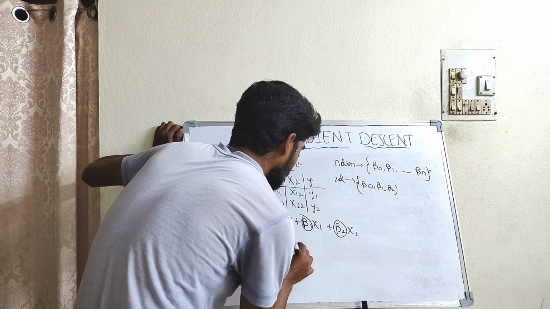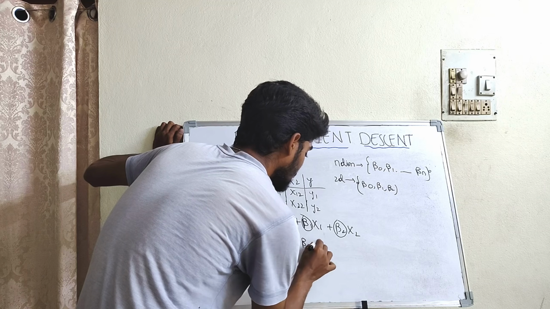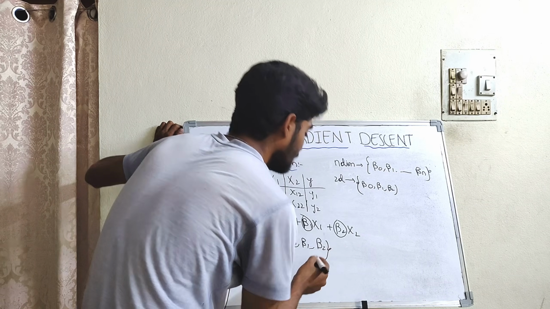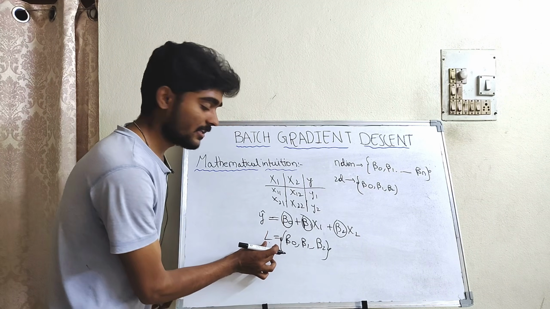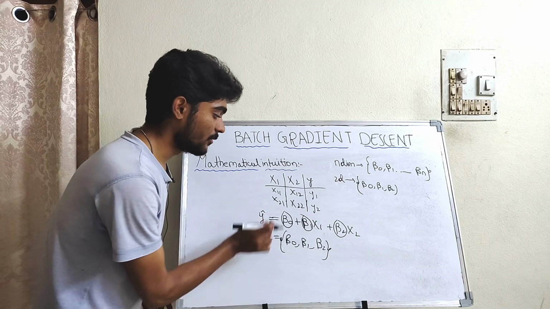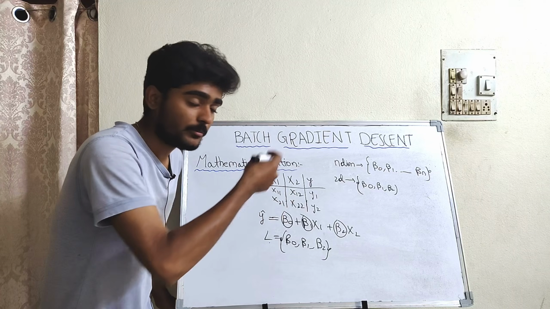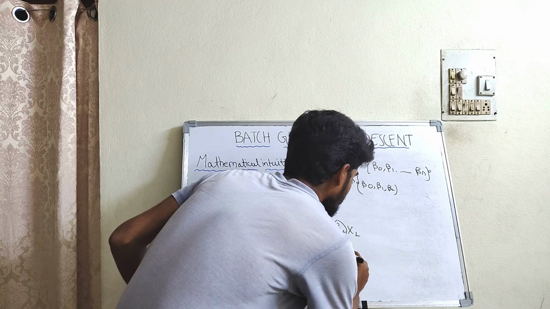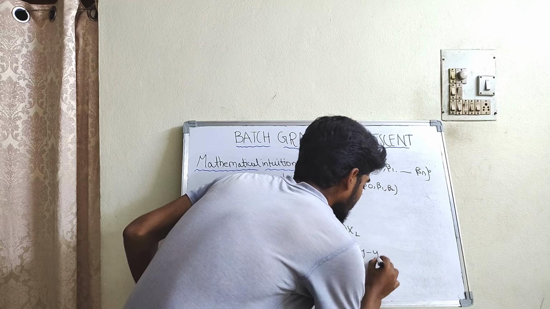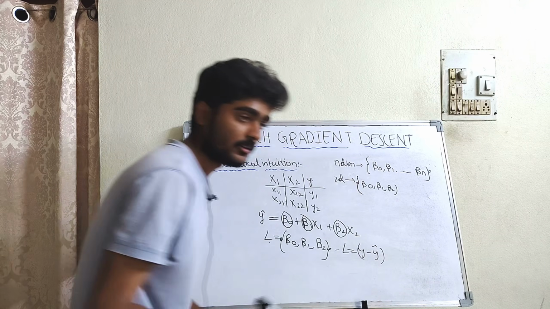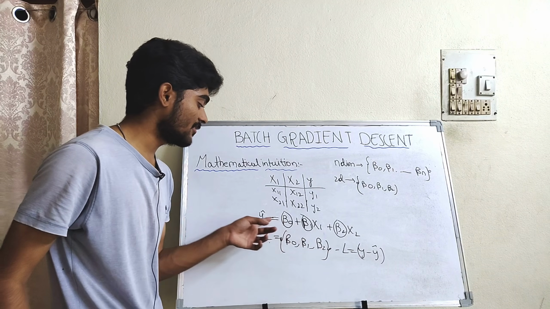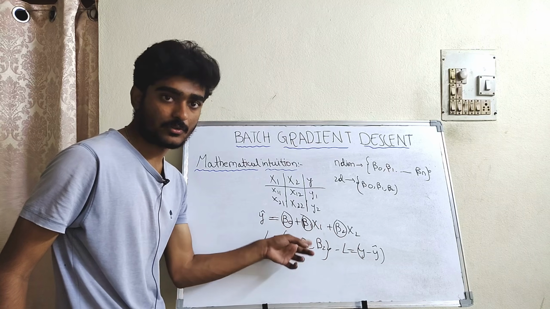That is beta naught, beta 1 and beta 2. The loss equation will be y minus y hat, right? Loss is equal to y minus y hat. Now this y hat is this equation.